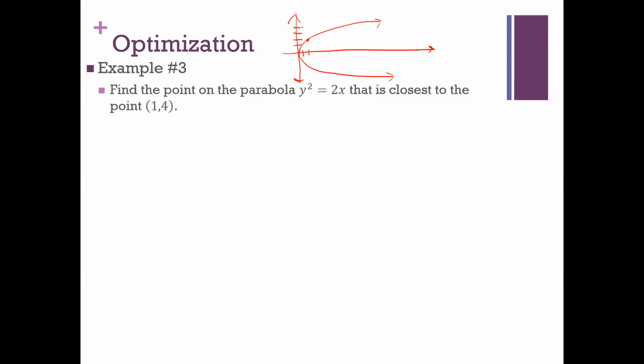So we had a vote to set this up as a distance. What would that look like? Minimize distance. So can I write an equation or some kind of function for distance here?